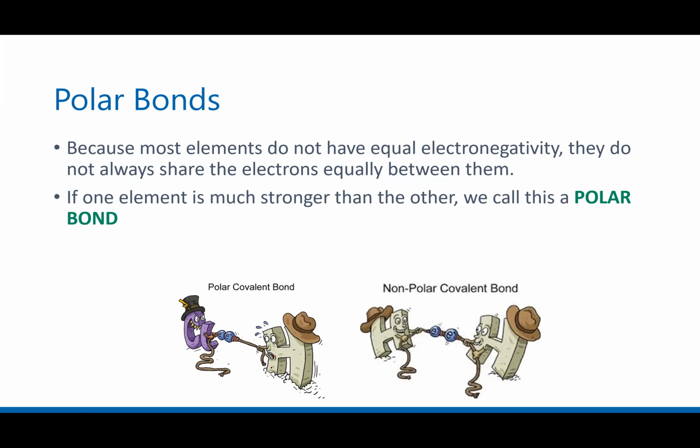So what's the purpose of this? Most bonds between elements do not have equal electronegativity. They don't always share electrons the same. So if one element is much stronger, I mean more electronegative, we would call this a polar bond.